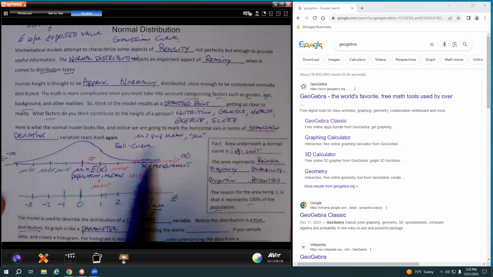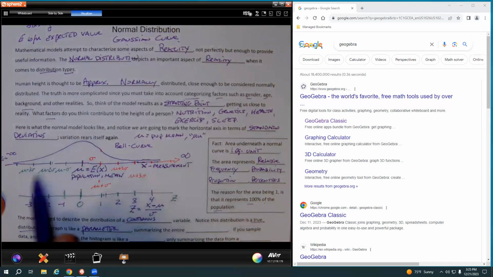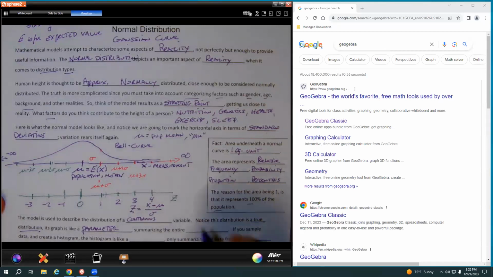This thing is perfect. This would model height perfectly if height actually looked like this. It's the exact thing. So that's what this distribution represents, the way I've drawn it. It's summarizing the entire population.